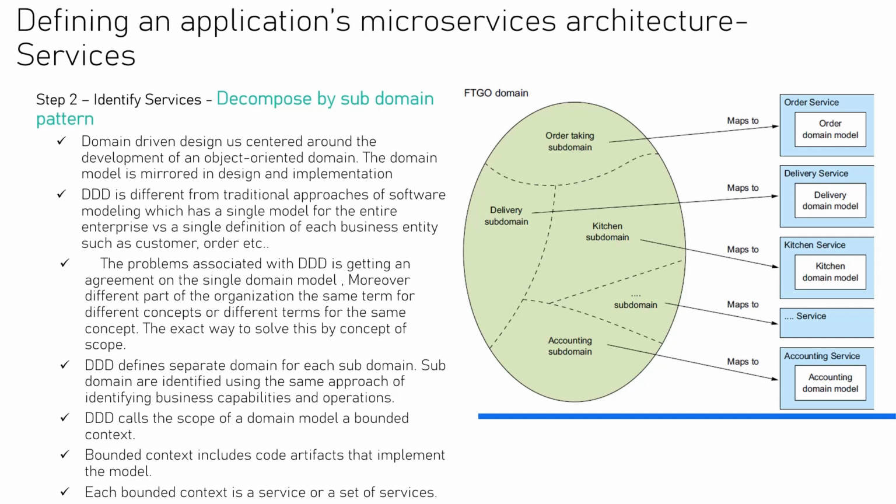Here we are taking a single definition for each business entity, such as customer and order. Now, obviously, there are going to be problems associated with that. Domain-driven design is trying to get an agreement on a single domain across the organization. It's going to be complicated. Moreover, different parts of the organization may use different terms for the same concept, or the same term for different concepts.